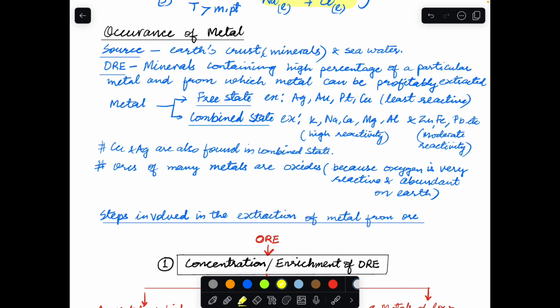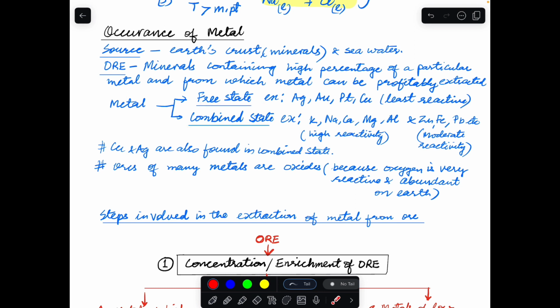We have seen from the chemical properties of metals that metals are very reactive. So in the earth's crust, they are mostly not found in the free state. Only metals of low reactivity like gold or silver are found in the uncombined or free state. Otherwise, metals are found in the combined state in the form of their compounds, because they are very reactive.